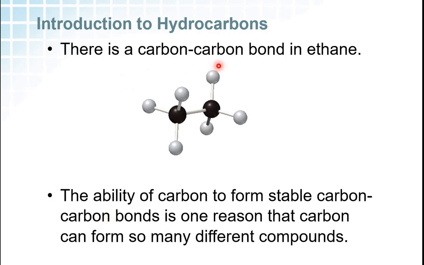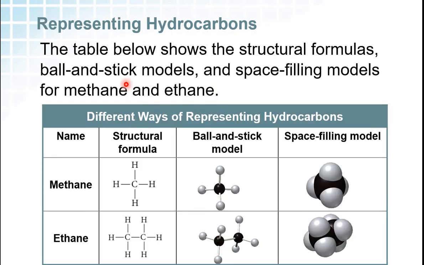So there is a carbon-carbon bond in ethane. Ethane has 2 carbon atoms and 6 hydrogen atoms. The ability of carbon to form stable carbon-carbon bonds is one reason that carbon can form so many different compounds that we call hydrocarbons.